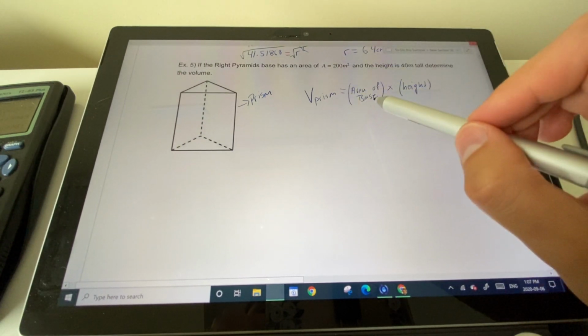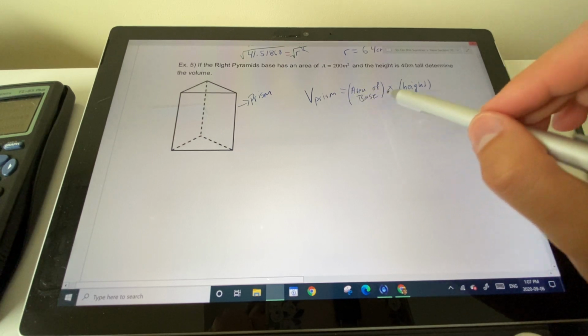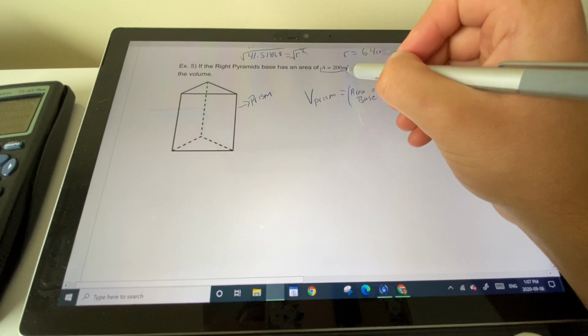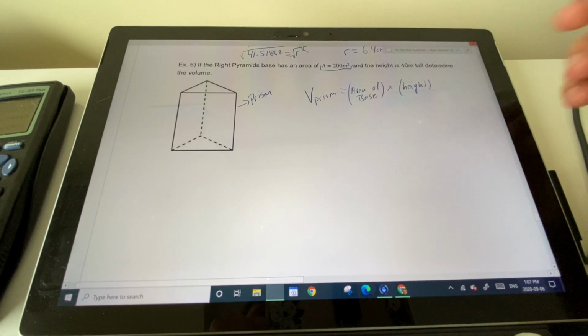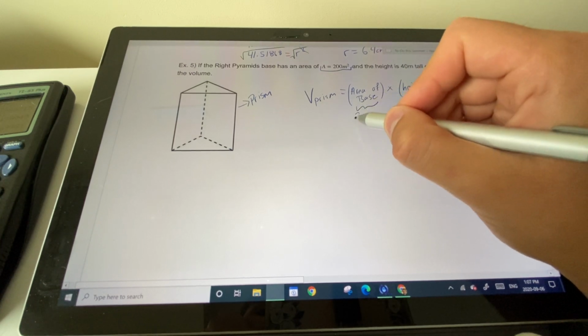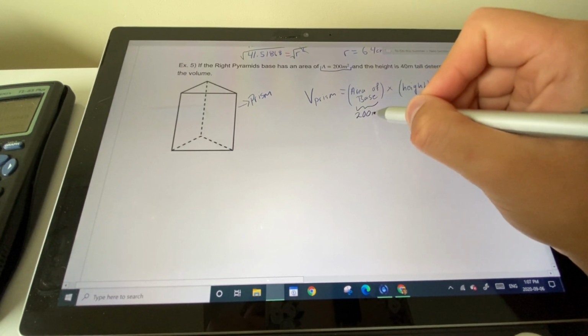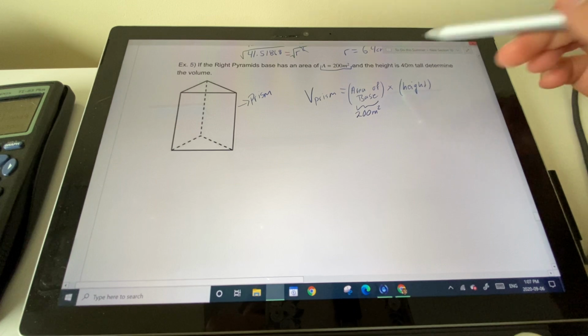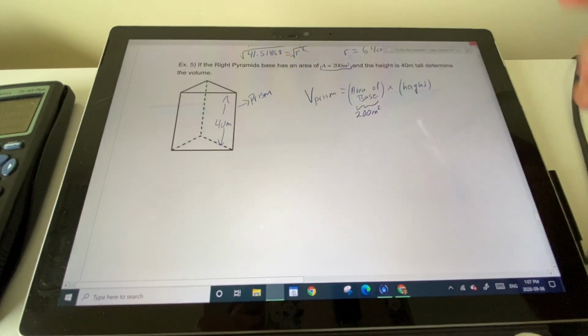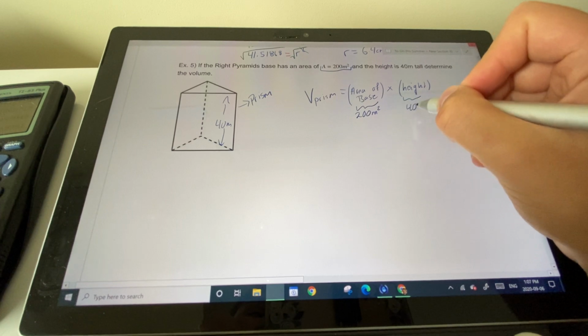Sure is. That means the volume, all you need to know is the area of the base multiplied by the height. Recognize they give us the area here. They tell us what the area of the base is. It's 200 meters squared, here. And the height, well, it gives us the height. It's 40 meters tall.